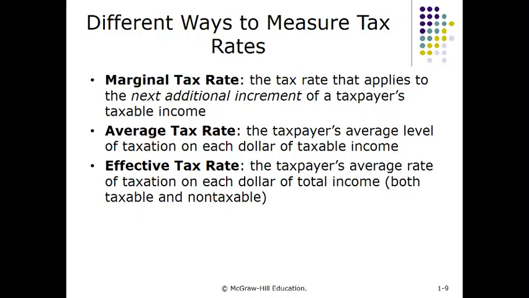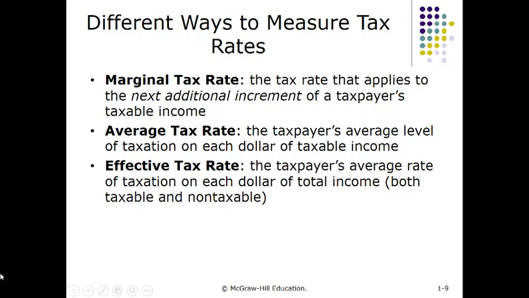It's deferred until a later time. Some income is not taxed because it's permanently excluded, and we call those exclusions. But here, taxable income is any income that's subject to taxation.